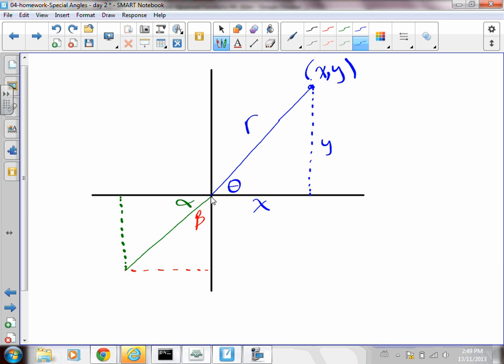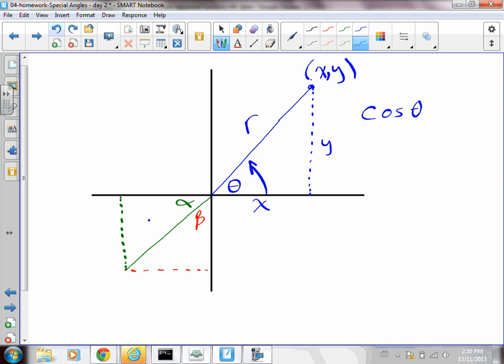So what I'm trying to do is relate one of these triangles to this original one up here. If I look at the blue triangle up in the corner, given that regular, positive angle, I start with cosine here.